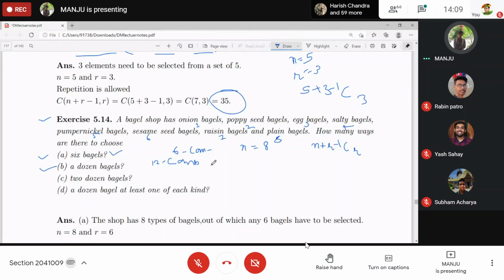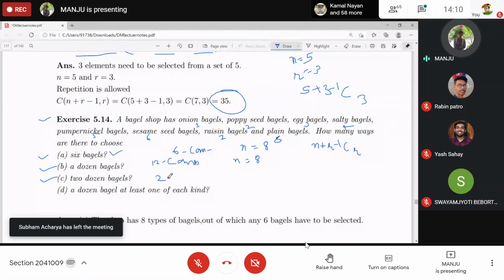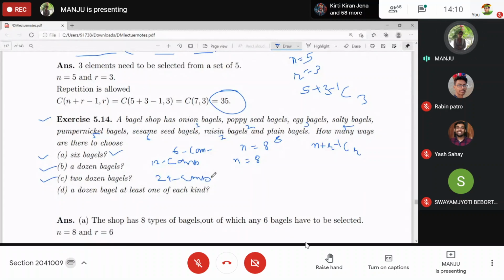N is equal to 8, and it is again n plus r minus 1 C r, so it will be 8 plus 12 minus 1 C 12. For 2 dozen, you need 24 combination.